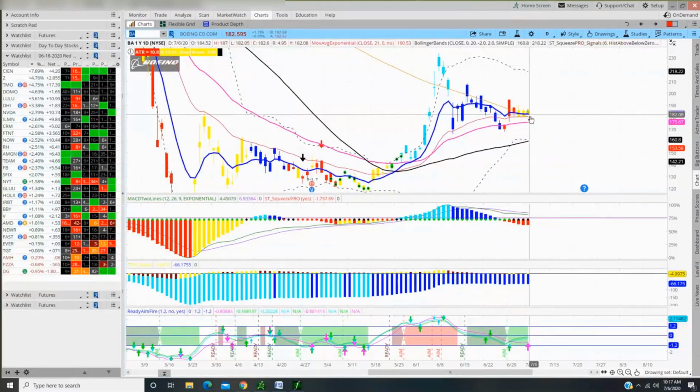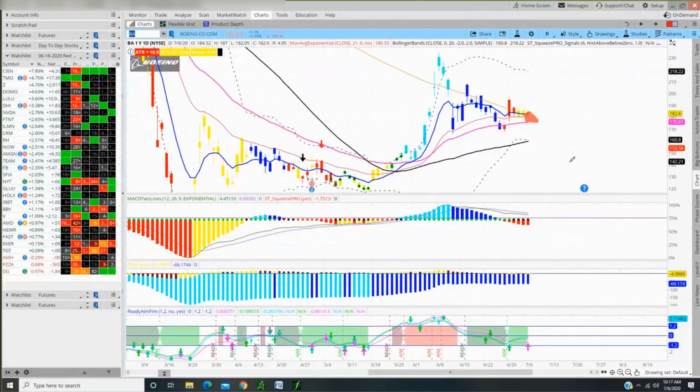No, you're fine. I just can't buy it yet because it's outside of this. I have to stick to that rule because if I break that rule once, I'm going to break that rule every time. Good looking one. If it meets your reward to risk and your rules say you can get into the trade if it's above the 8, then go for it. If you don't have that written in your rules, then you might want to write it down, because if you're just doing stuff to do stuff, you're going to be inconsistent.